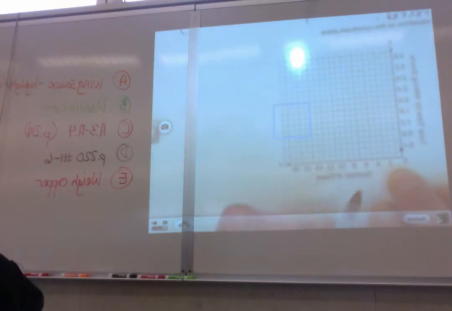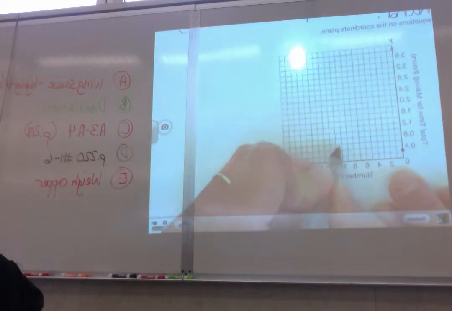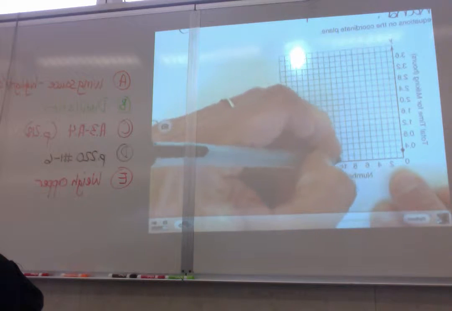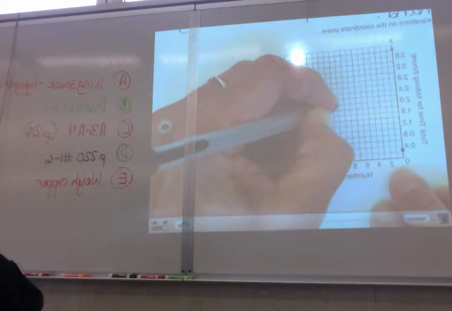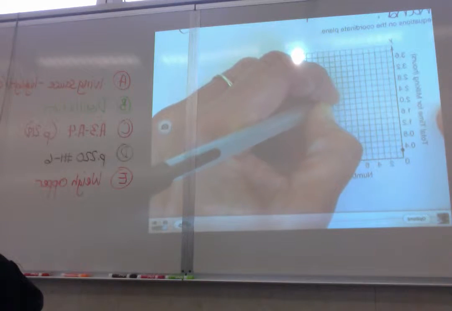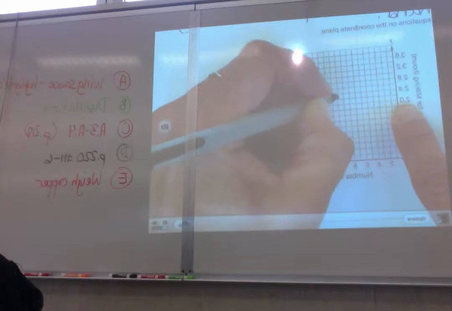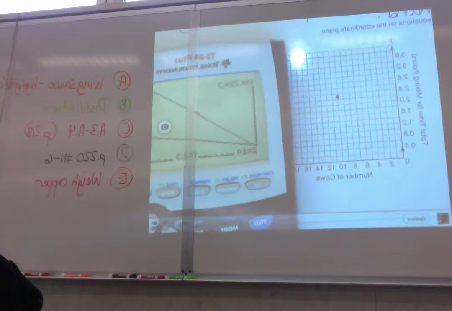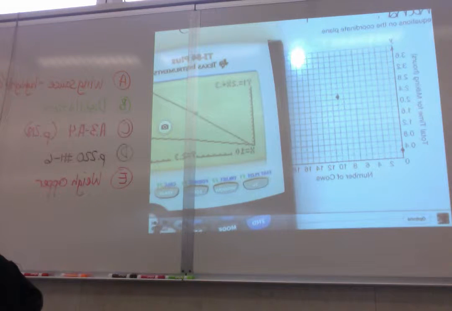So let's see. Here's 10. And here I move up from 10, there's 2, that's 2.4. This line would be 2.2, so 2.3 would be right here, right underneath the 2.4. I found that on trace.